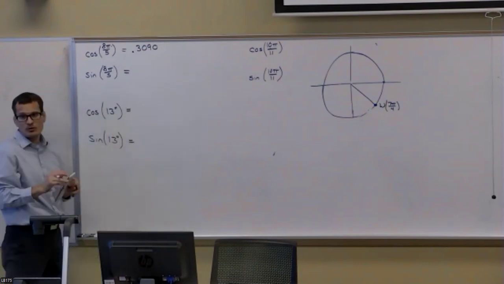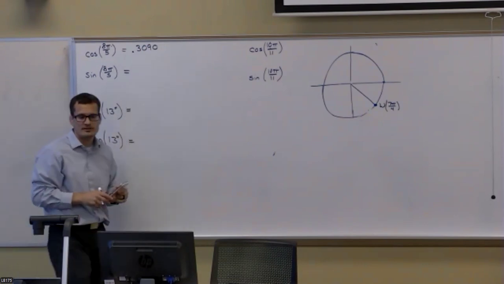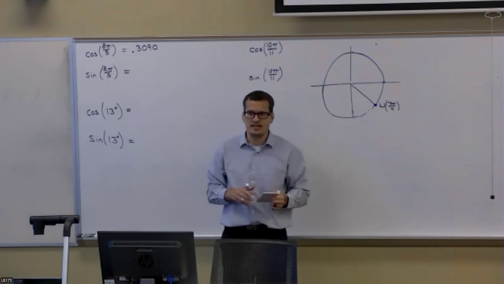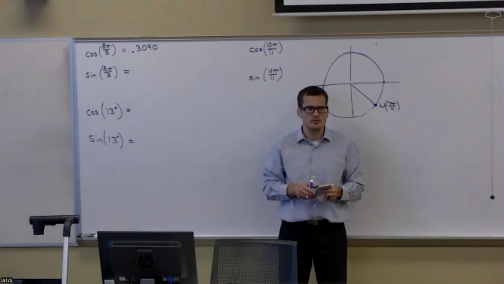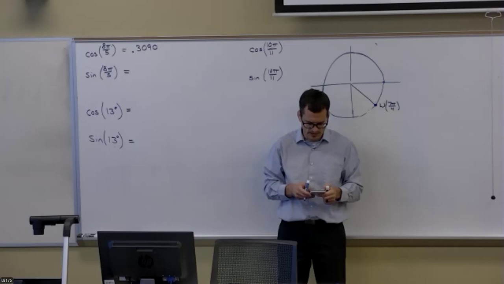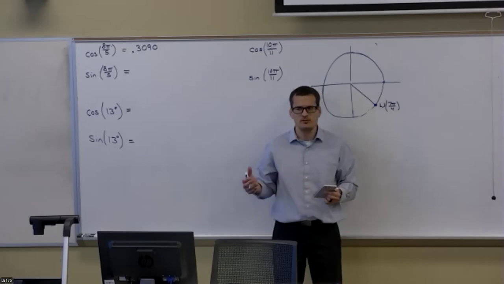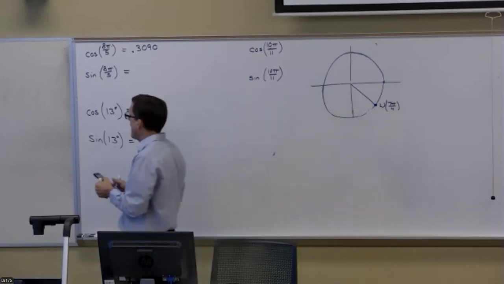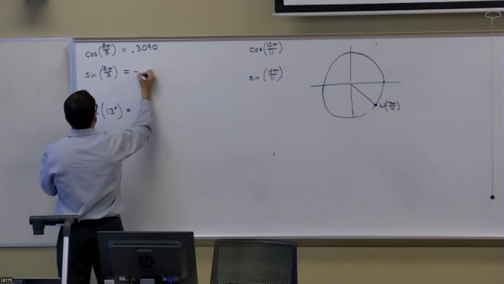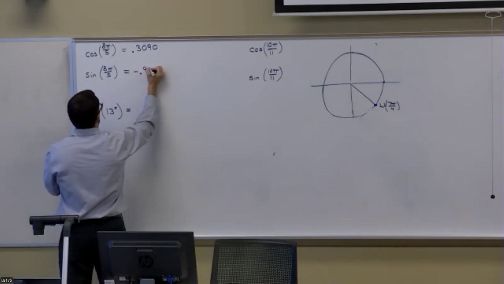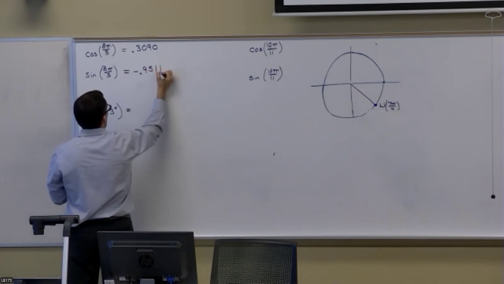Again, I'm going out more decimal places than I normally would, just for the sake that you can see what's going on. And then sine of 8 pi over 5 is negative 0.9511.